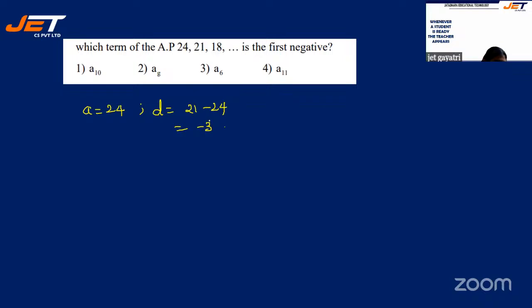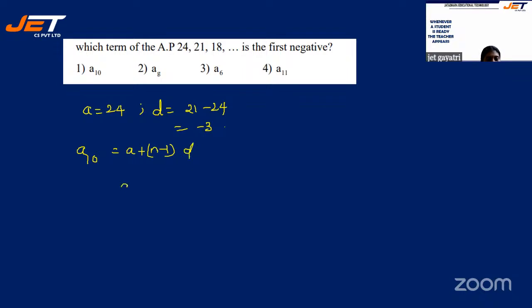So let's verify the options. A10. If you take A10, what is A10? A plus n minus 1 into D. Just try solving one by one.